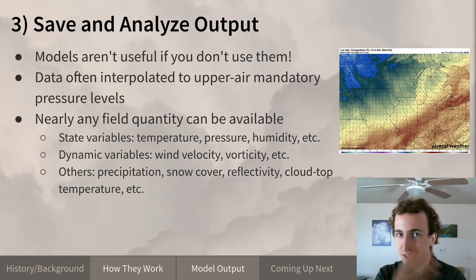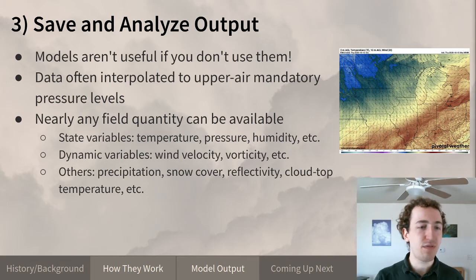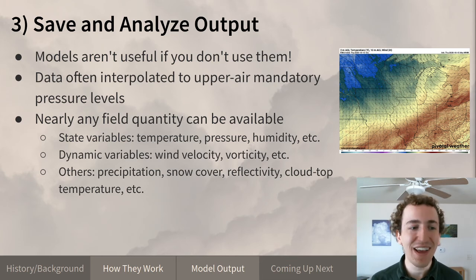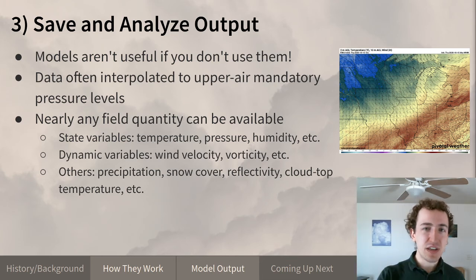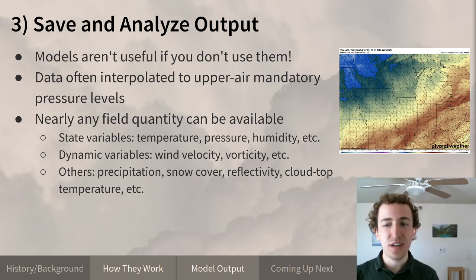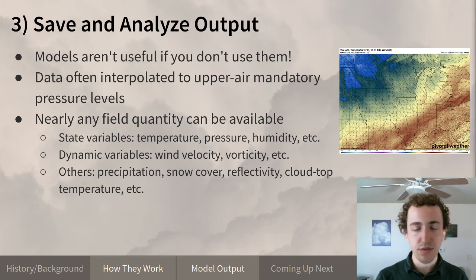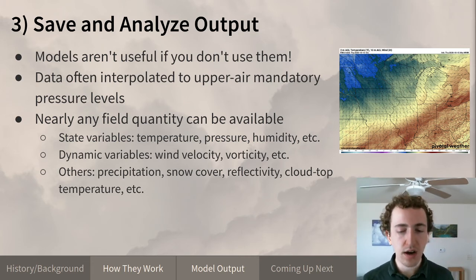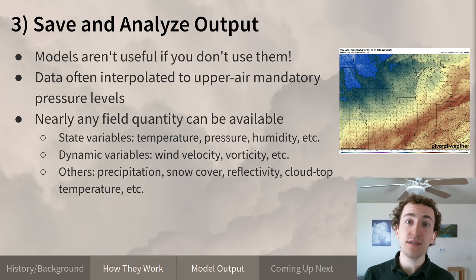So the last step in that three-step process of weather modeling that I had up there is saving and analyzing the output. We actually have to do something useful. A model isn't useful if you don't use it. So in order to use this output, even though there are other ways of looking at it, we most often analyze our data on isobaric surfaces of constant pressure.